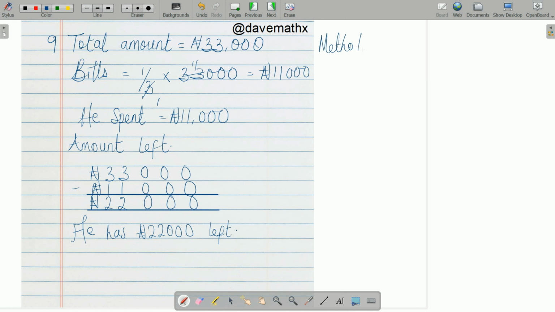We can also solve using another method. We can depict the total of his money as 1, as it is all of his. Then we subtract the value of his spent amount, which is 1/3, from it, making 1 a unit fraction to make the solution easier.